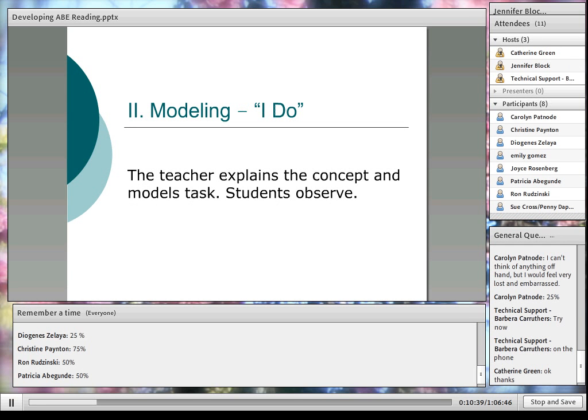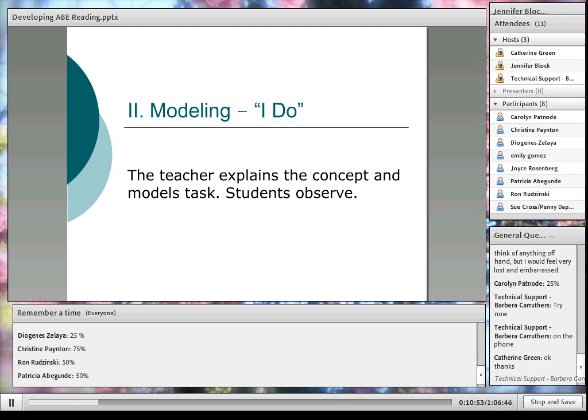The next step is the modeling, or the I do step. In this case, the teacher explains the concept and models the task. So the teacher walks through the task, perhaps doing a think aloud.